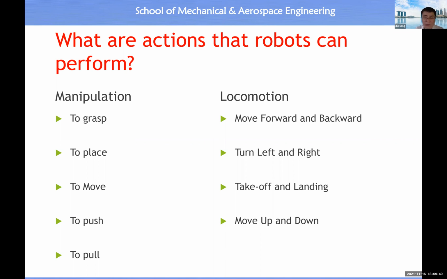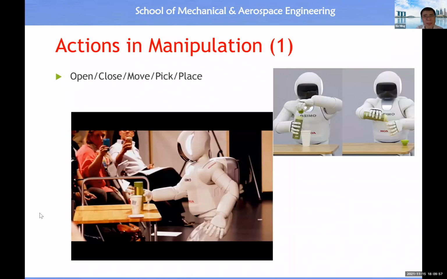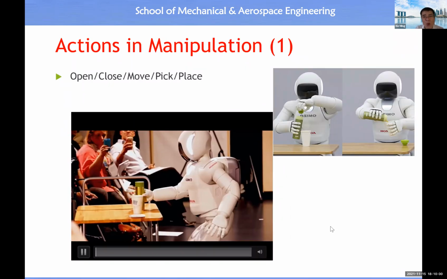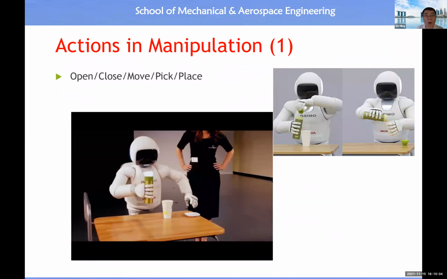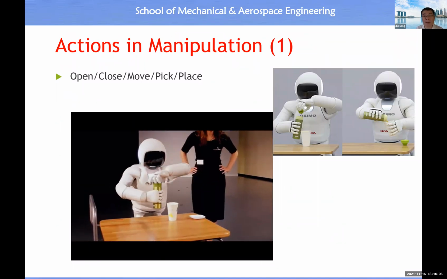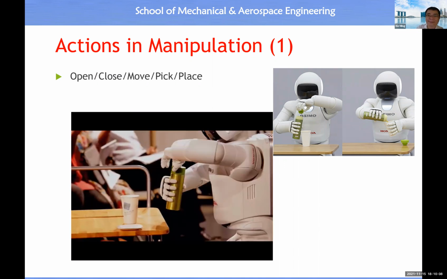Now I'm going to show you some examples which will convince you about the answer in this slide. Okay. For example, a robot could perform manipulation, which includes open, close, move, pick, and place, etc. All right.